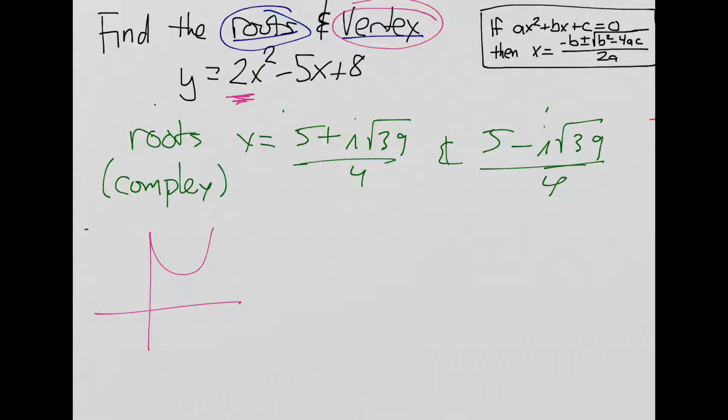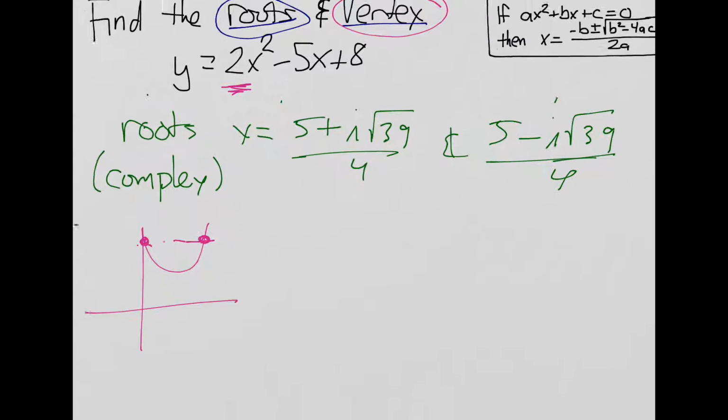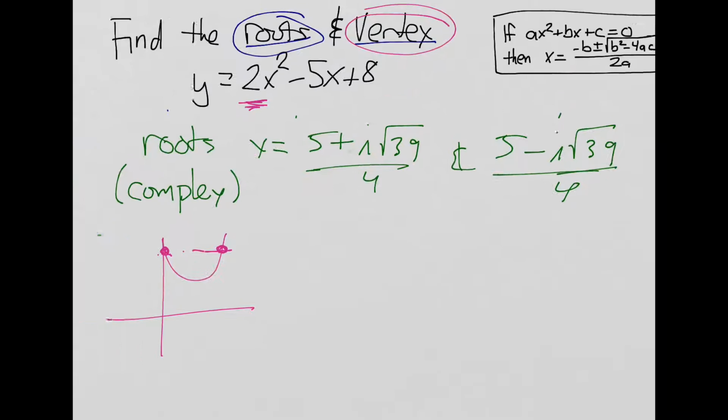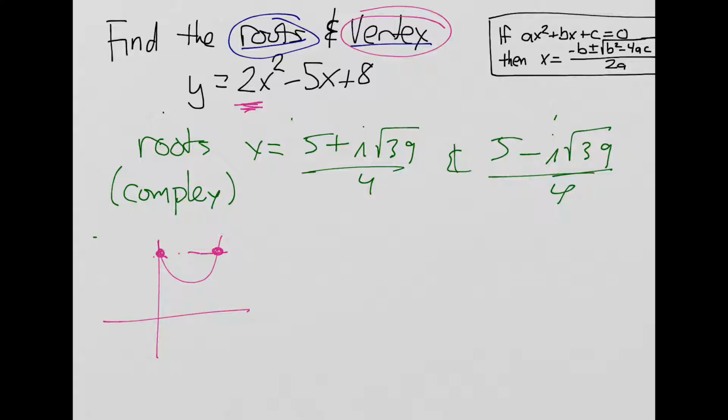I can't show these two roots on the graph, but I do know for any value on the parabola, it has a matching one. And if we go halfway between those, we'll find the axis of symmetry, and we can find the vertex.